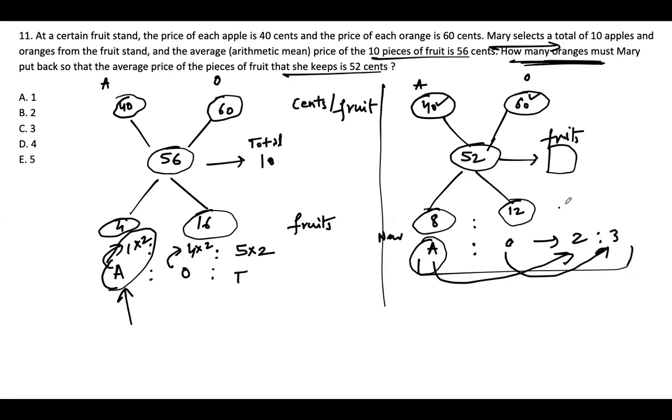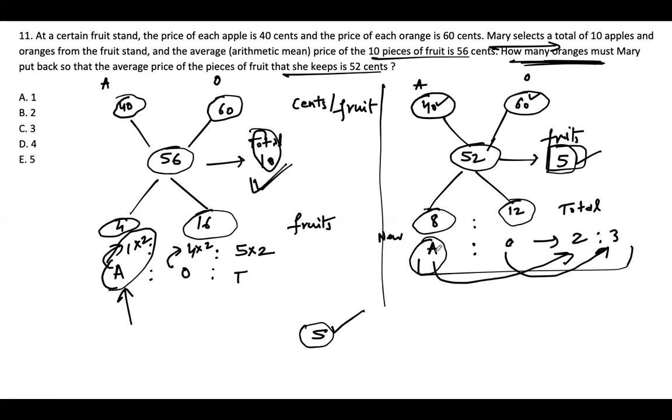So right now we have total how many fruits? We do not have 10, we have 5 right now. If we have 5 right now, how many oranges did you put back? 5. So this is the total number of fruits that you have, right?